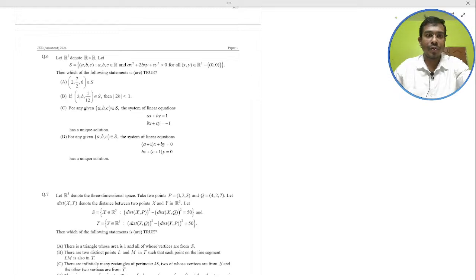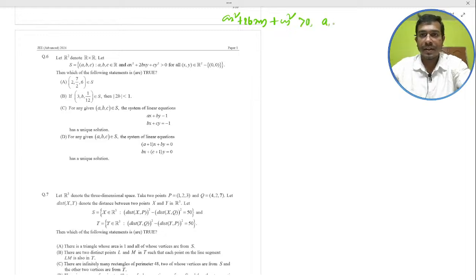Then which one of the following statements is or are true? Here it is given that ax square plus 2bxy plus cy square is greater than 0. That means ac greater than 0 and b square less than ac. So option A, this belongs to S, is incorrect.